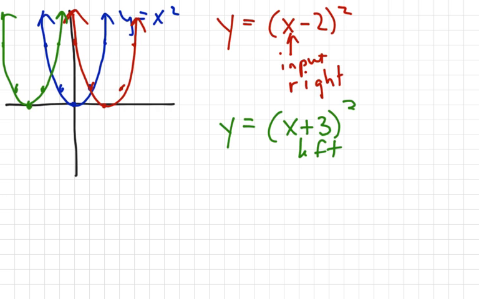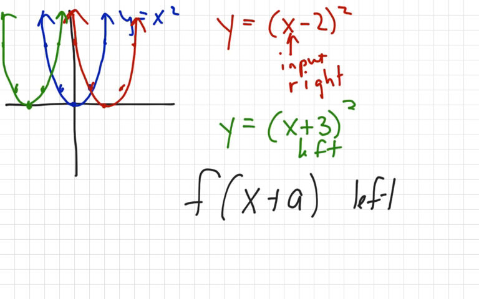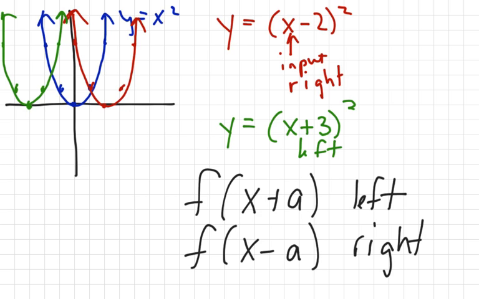So the general rule about moving graphs to the left and right is if you add a number to the input of the original function, you're going to move it to the left a units. And if you subtract a number from the input, you're going to move it to the right a units.